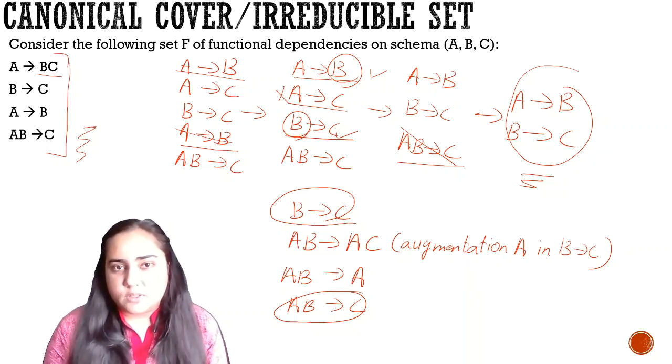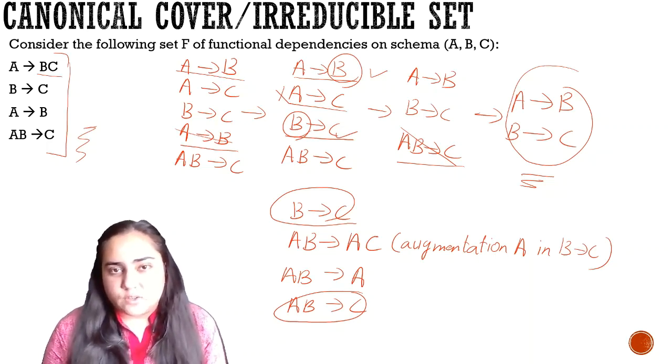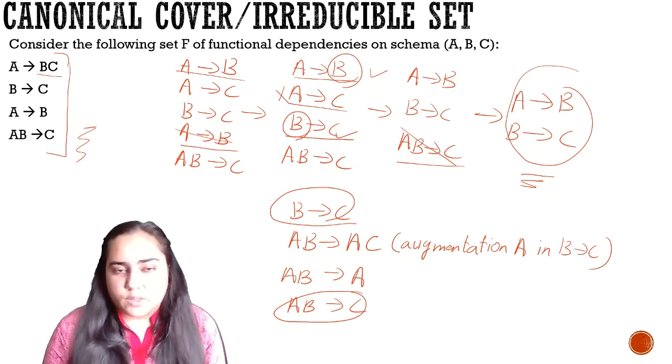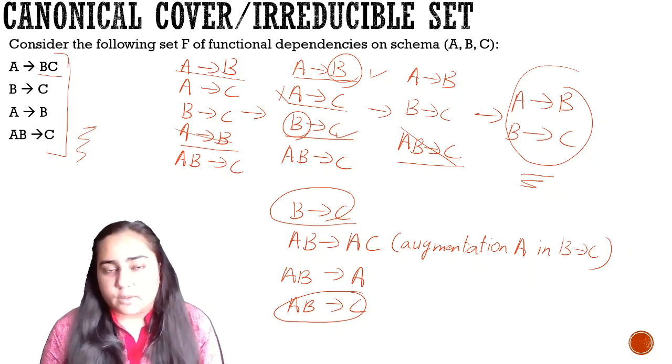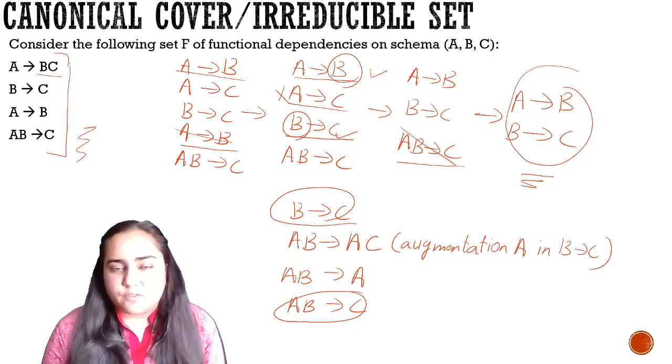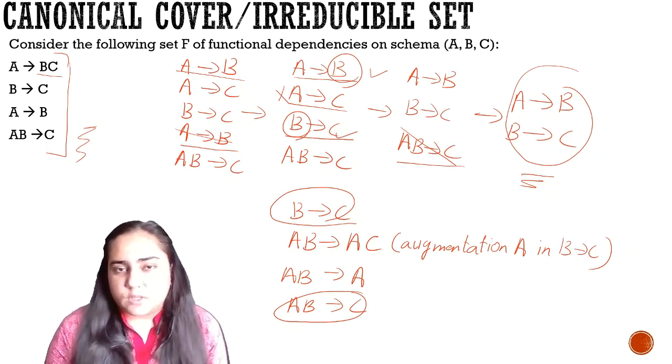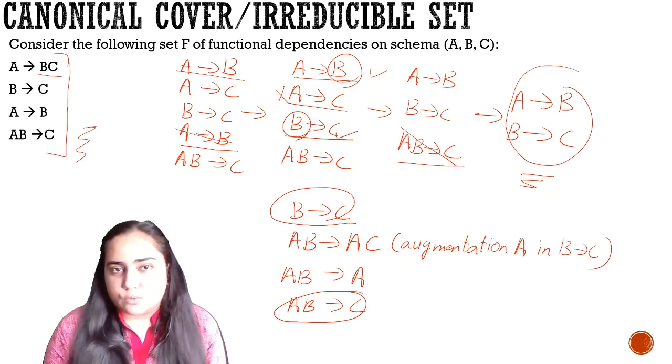Therefore, there are some rules that have been generated on the basis of Armstrong's axioms, which we studied earlier. Based on those rules, we can do this calculation of canonical cover very easily without having to worry about which rule to apply when. And also, if you want to program a system to calculate canonical cover, even that is much easier by using these two rules.